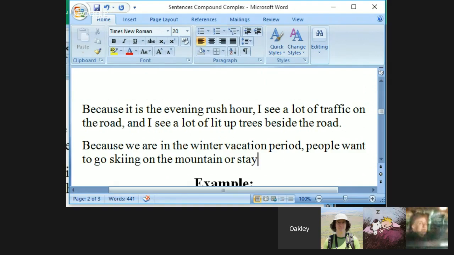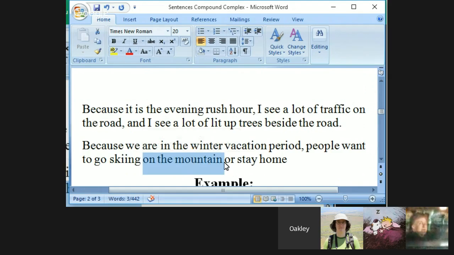Now, hang on here. There's something slightly wrong. First of all, one note. People want to go skiing on the mountain.